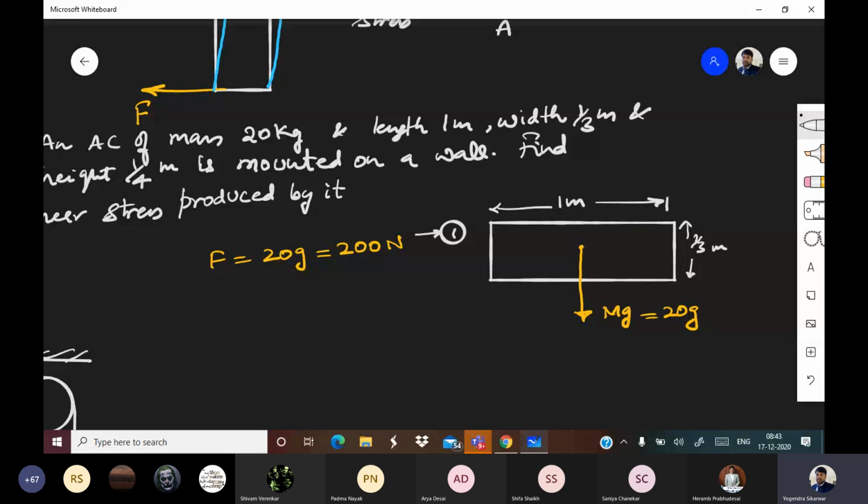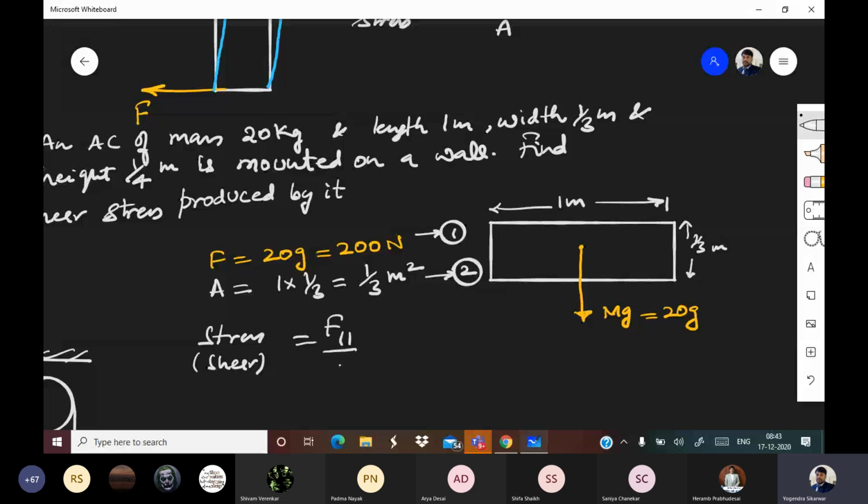All right. Area A is equal to 1 into 1 by 3, so that will be 1 by 3 meter square. So shear stress is equal to F parallel upon A. So F parallel is 200 upon 1 by 3, and that will be 600 Pascal. So the answer will be 600 Pascal.